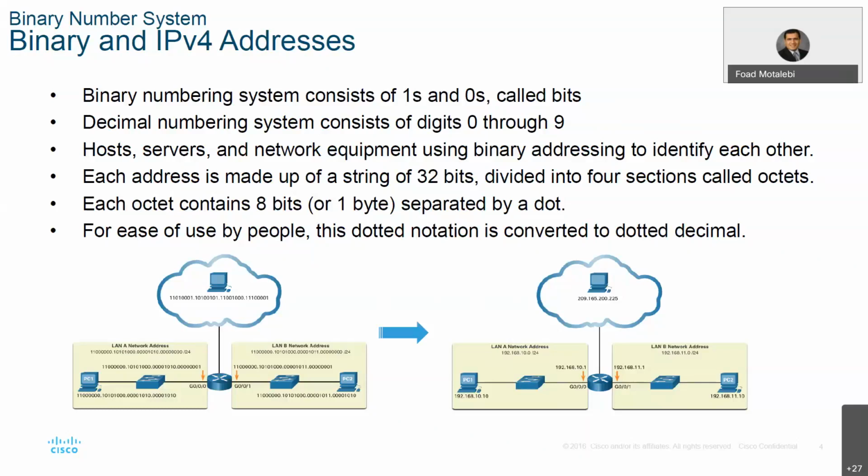If 16 bits is for host, you can have much, much more devices. Get the idea? If it's 255.0.0.0, that means 8 bits is for network and 24 bits is for host. Means many, many devices, and so on.